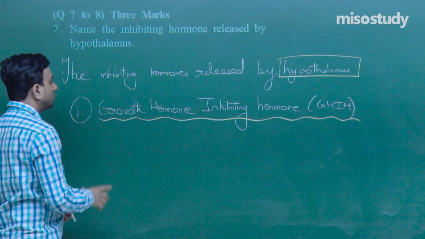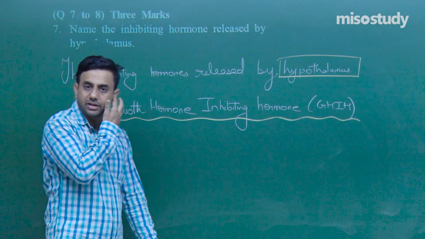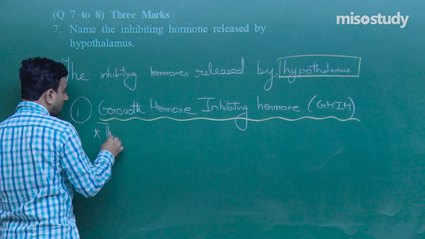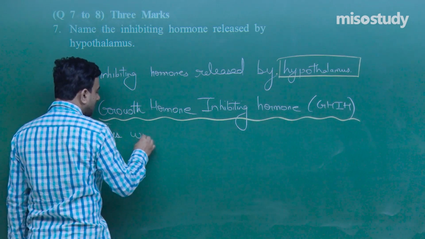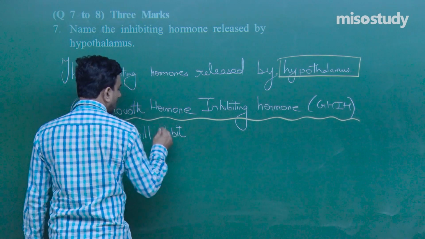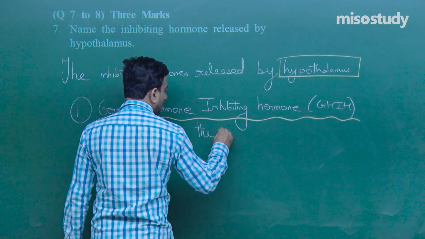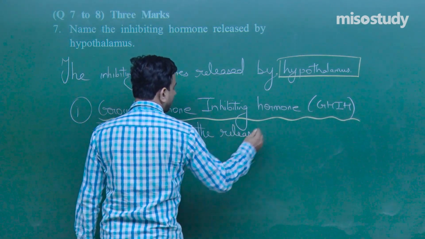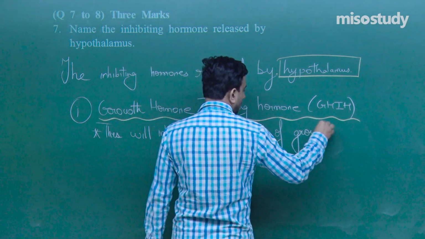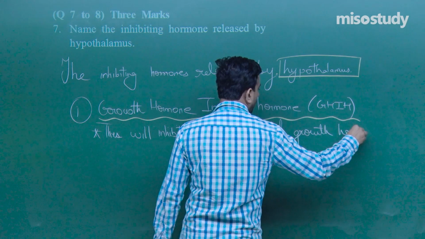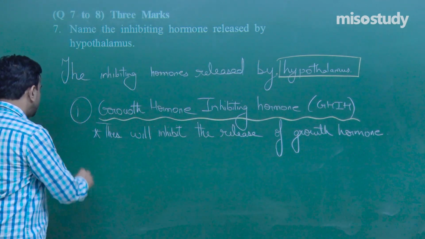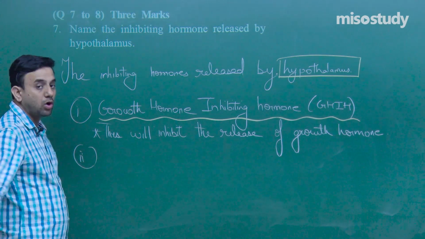Now, this will decrease the secretion of the growth hormone, this will inhibit the release of growth hormone. Then we can talk of the prolactin inhibiting hormone.